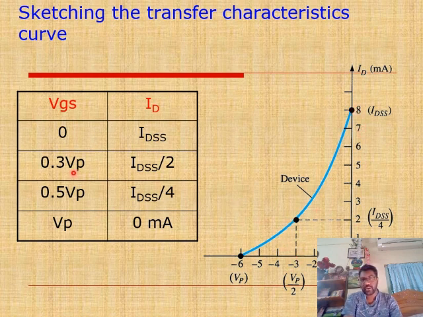In the middle, at 50% of VP, that means at minus 3 volt of VGS, we are getting 2 milliampere of current. Similarly at 30% of VP, as expected, you will get near about 4 milliampere of current. By getting these points, we can draw the characteristics or transfer characteristics of the JFET in self bias configuration.